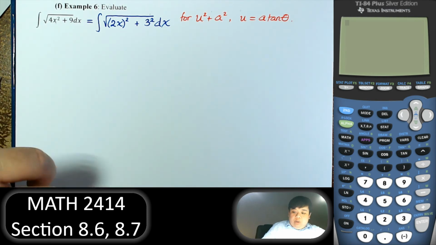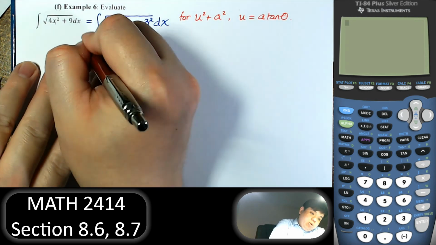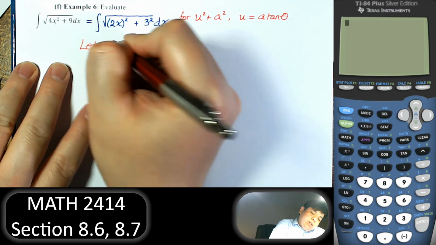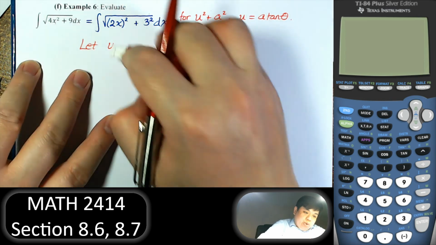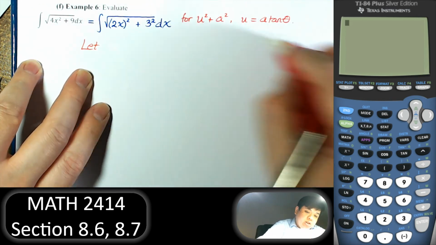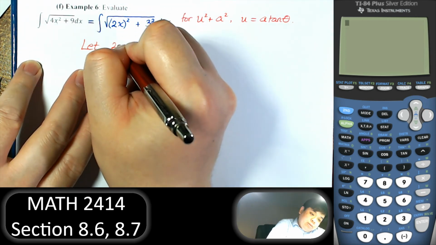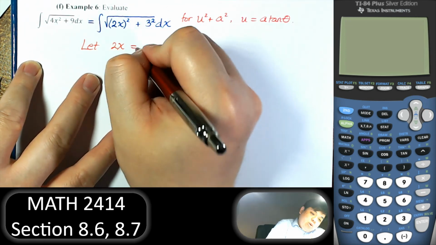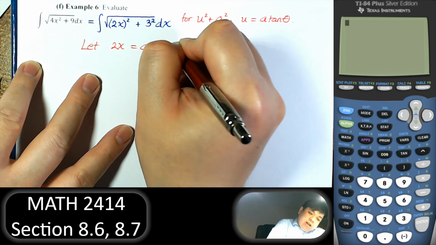So if we want to do this problem, we're going to let u equal, not u, there's no u here, u is 2x, so we just go ahead and say 2x equals a tangent of theta.